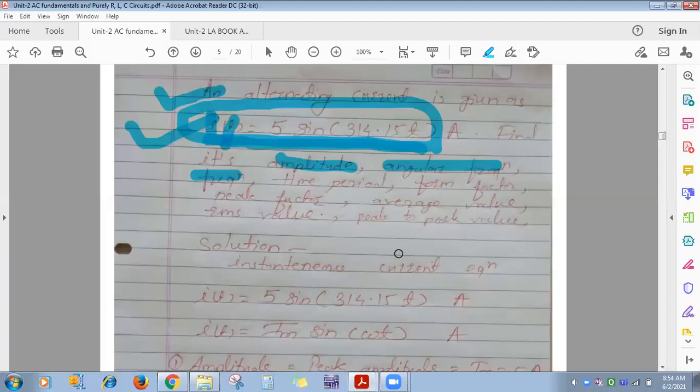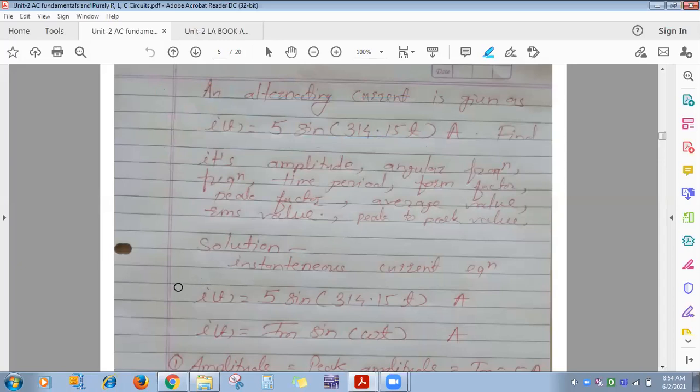Compare this with the standard instantaneous current equation. What is the standard equation? i(t) = Im sin(omega t), unit is ampere.